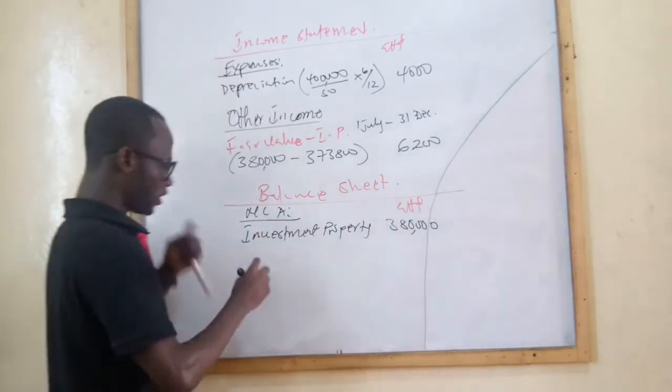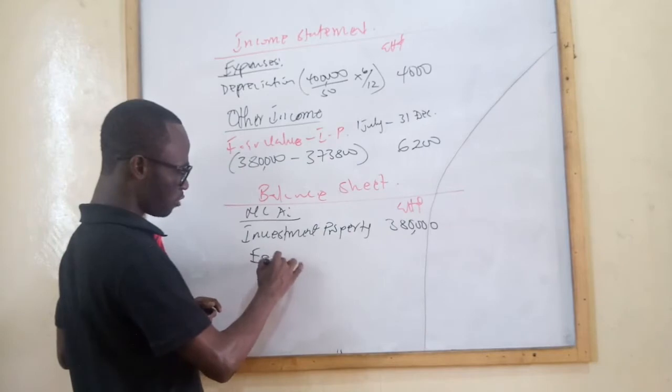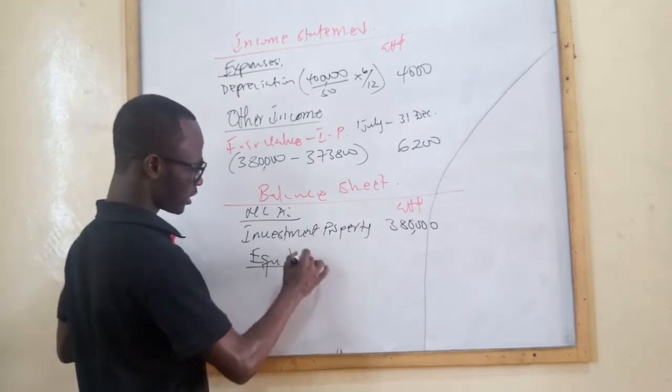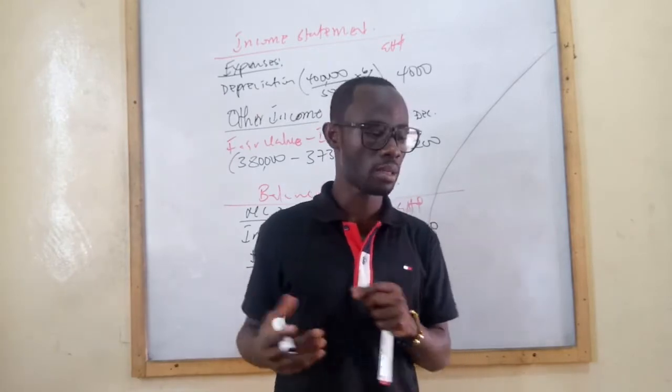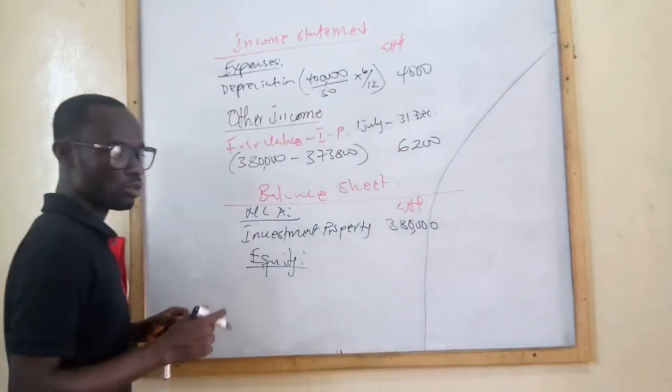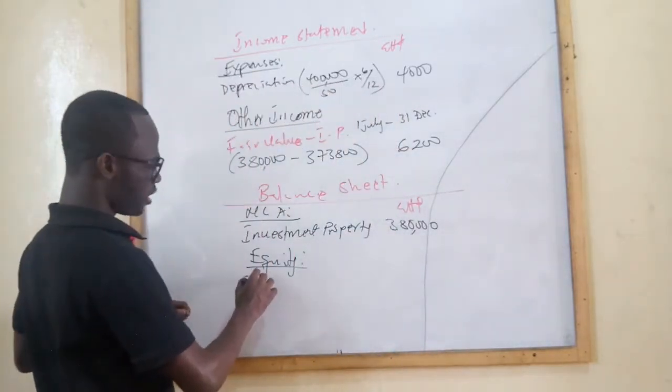Then we come to the balance sheet. In the balance sheet, we look at the equity segment. In the equity segment, we're going to bring two items here. The first item we're going to bring will be in relation to the surplus.